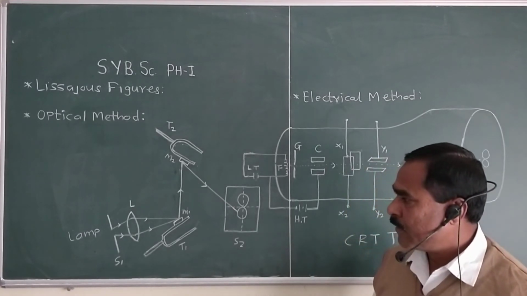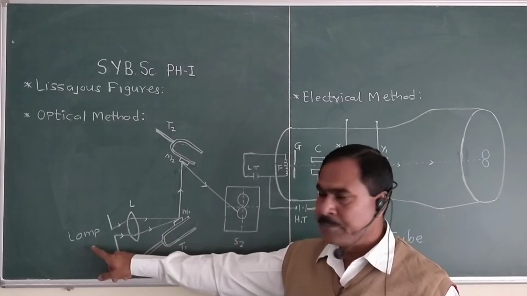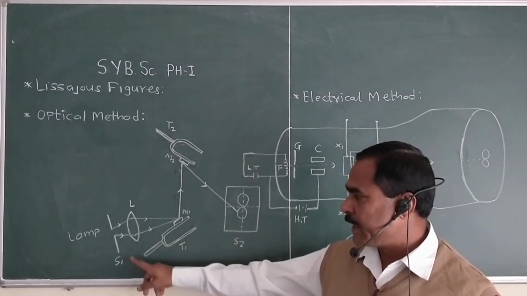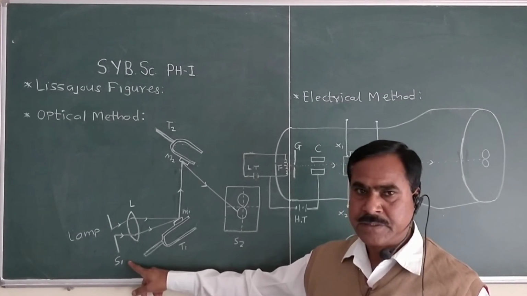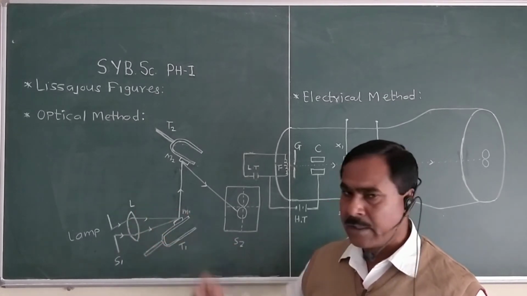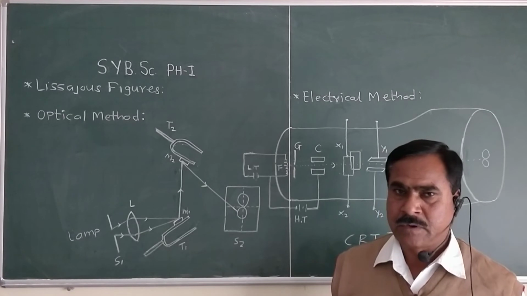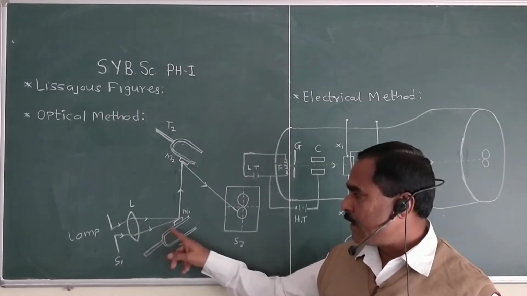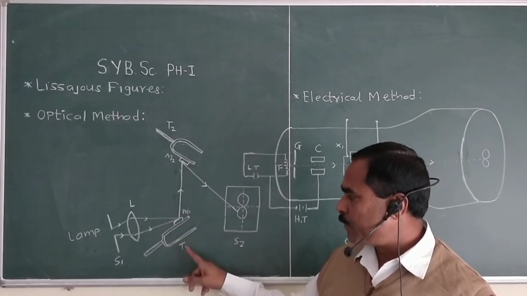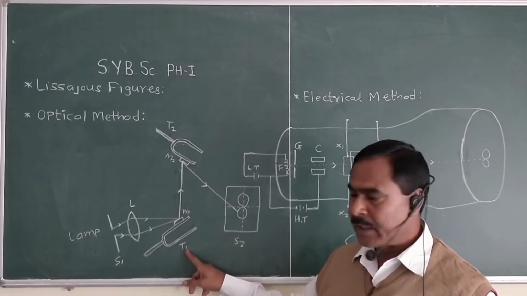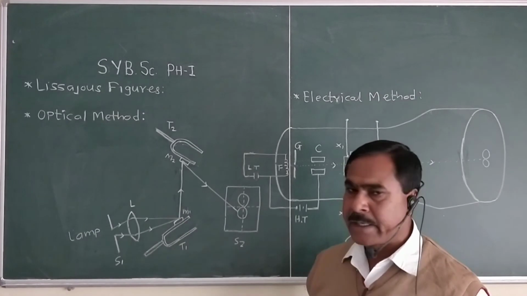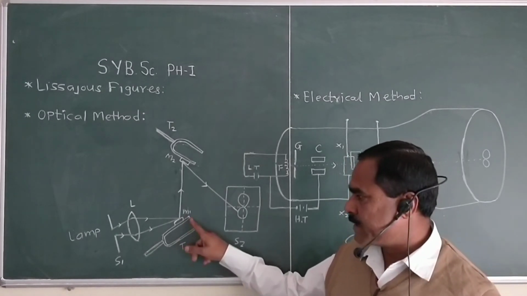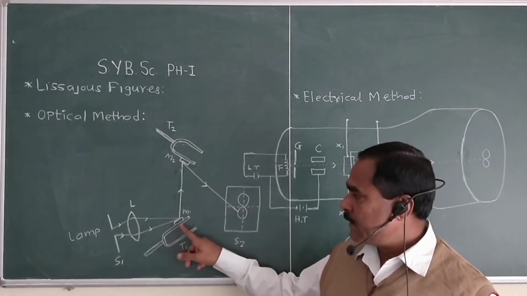When light from the lamp passes through the slit S1, it is incident on the convex lens L. This convex lens L focuses the light on mirror M1 of tuning fork T1, and this mirror M1 is attached to one end of the tuning fork like this.